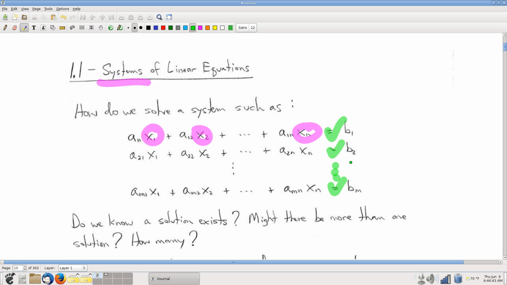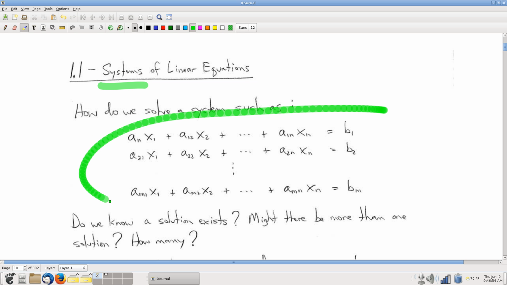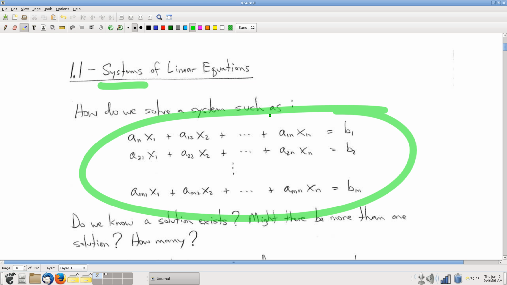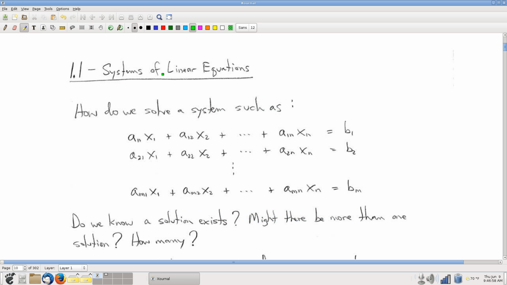The same n-tuple, x1, x2, x3, etc. has to satisfy all of the equations. So this is not just separate equations. This is a system of several equations.